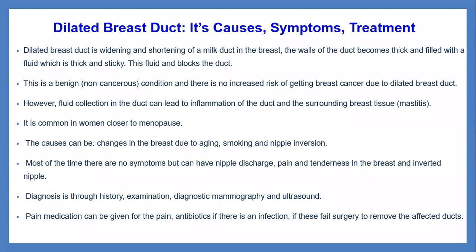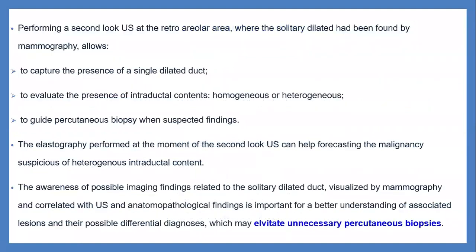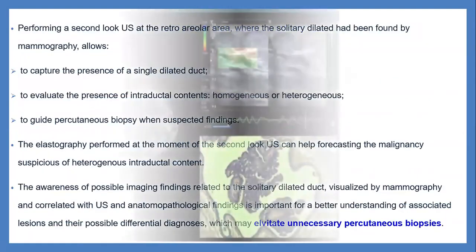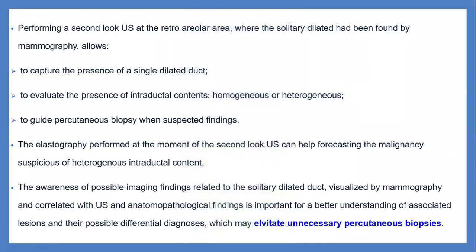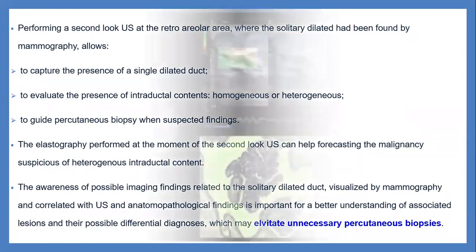And as we mentioned, that can be associated with inflammation, periductal mastitis, common in the perimenopausal and menopausal age group, and so forth. We have to go for all imaging, and the patient can receive antibiotics and get better. Okay, we have to clarify and make sure that it might not need an unnecessary biopsy.